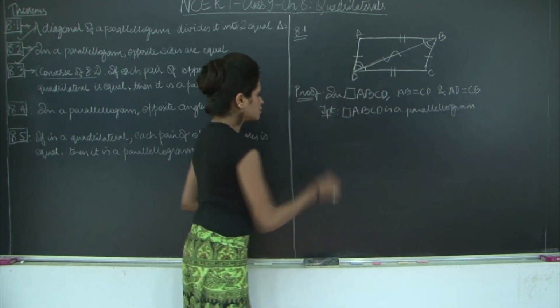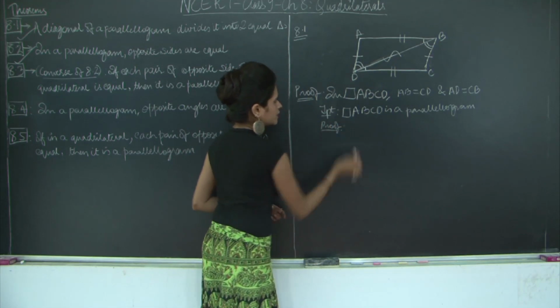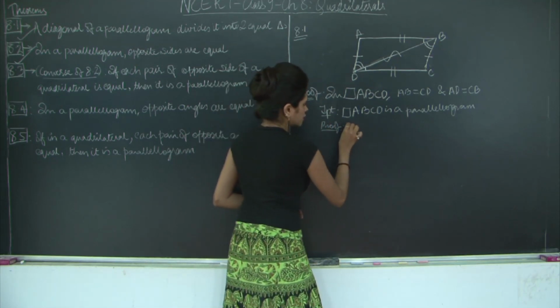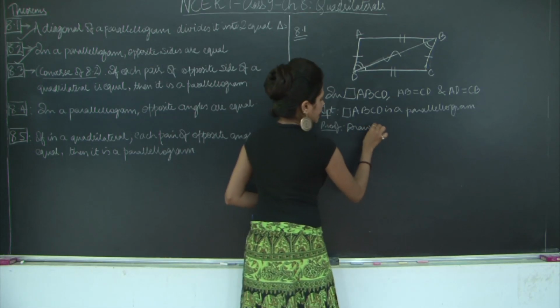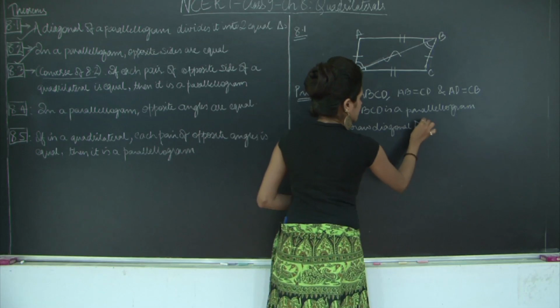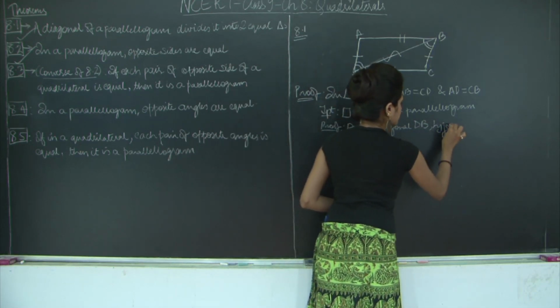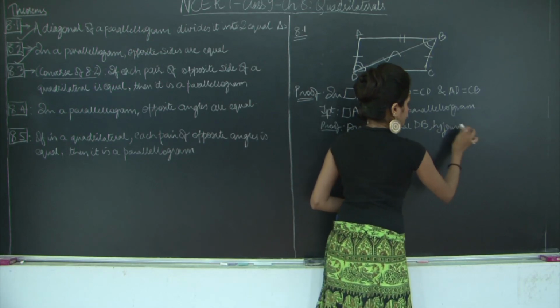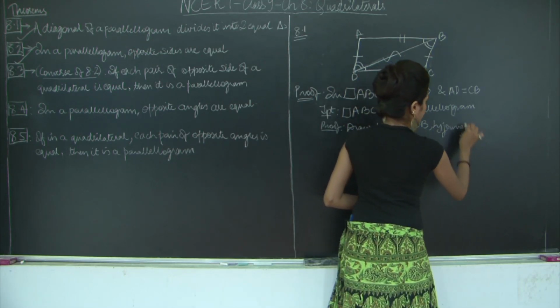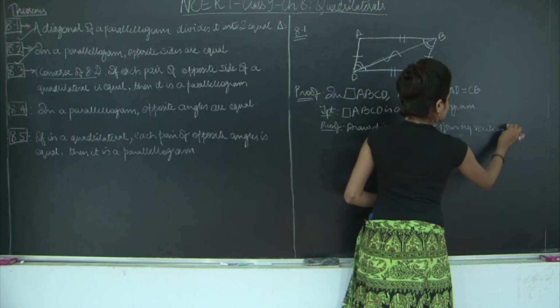So what are we going to do? We'll prove this. I'll say draw diagonal DB by joining vertices D and B.